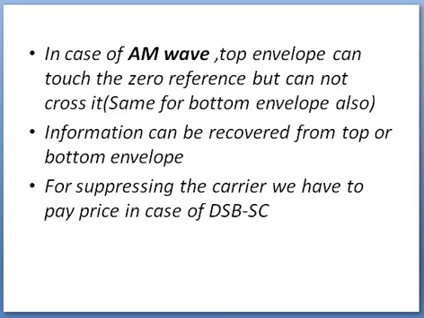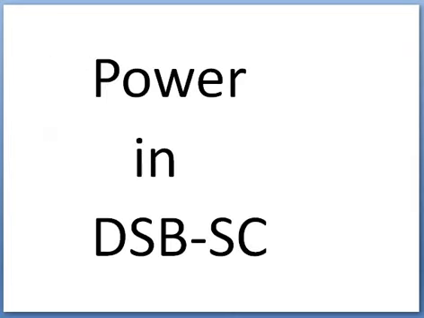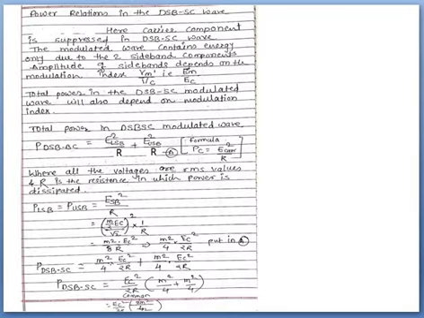Next point is power in DSB SC, that is double sideband suppressed carrier. Here the carrier component is suppressed in the DSB SC wave. The modulated wave contains energy only due to two sidebands. The amplitude of the sidebands depends on the modulation index, Em by Ec. Total power in the DSB SC modulated wave will also depend on the modulation index.